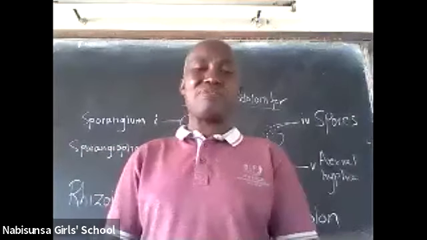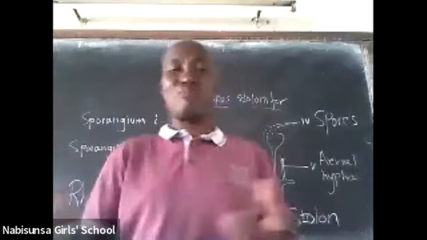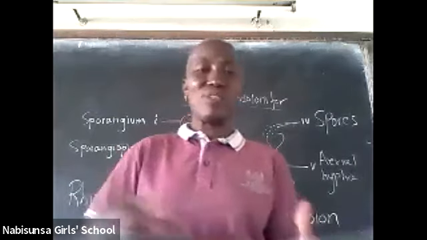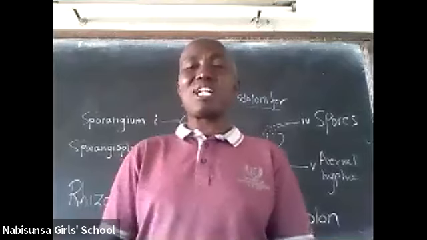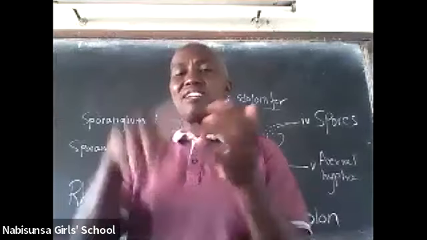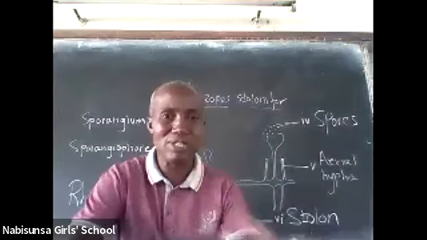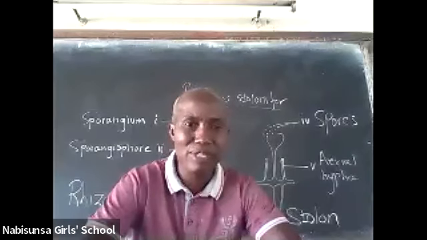How could they be harmful? How could they be a nuisance? You write those ones, both positives and negatives, useful and harmful. So those are two parts of the assignment: drawing the yeast cell and then economic importance. We shall continue from there next time.